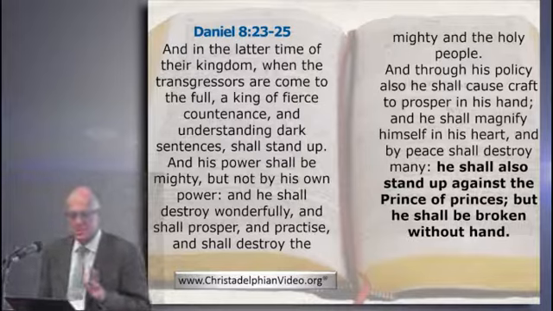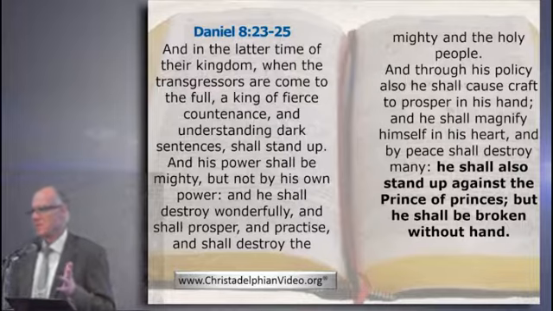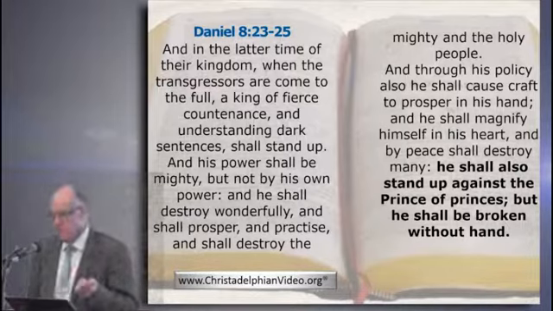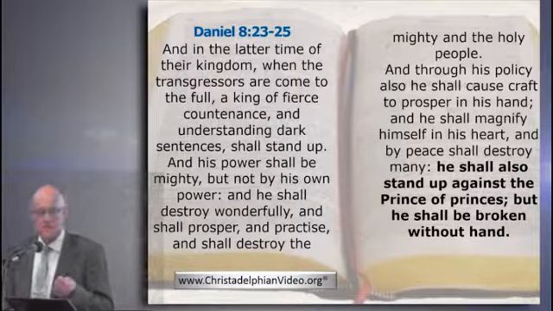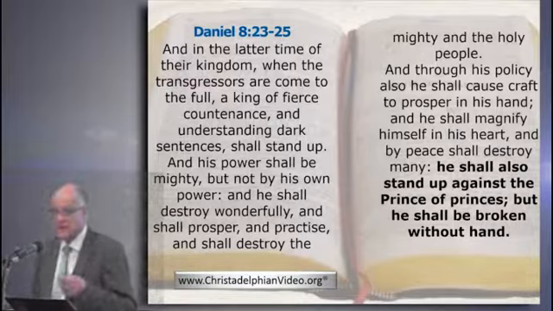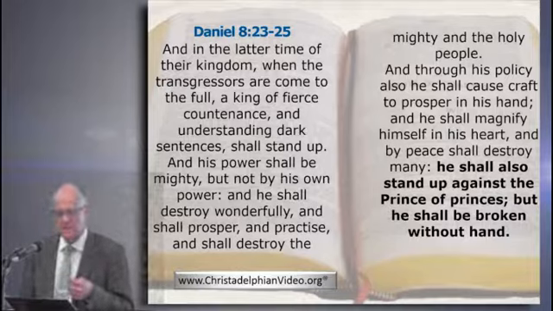It's prospering, and it is seeking to bring about, through deception, peace. But that peace is going to be a false peace. It's going to lead them to stand up against the Prince of Princes, but it is going to be broken without hand.